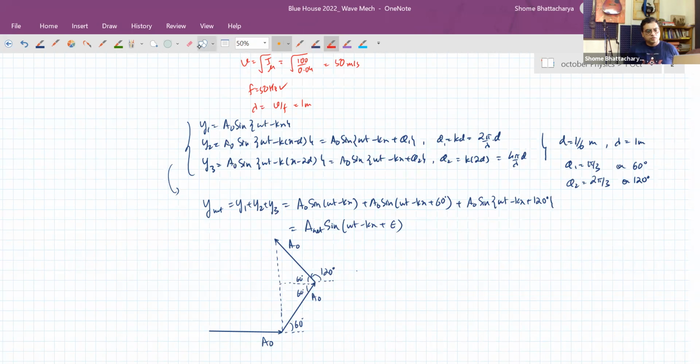So then the net amplitude will be like this. Now you can see that this thing here will be root 3 by 2 a naught.